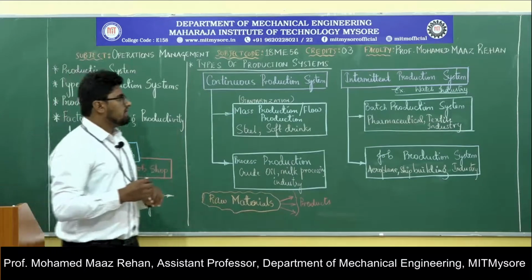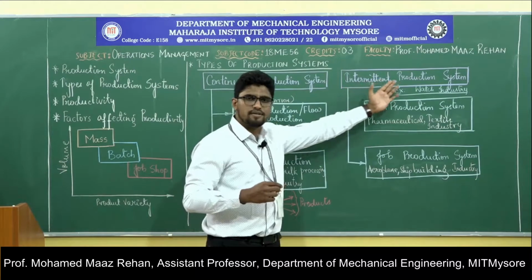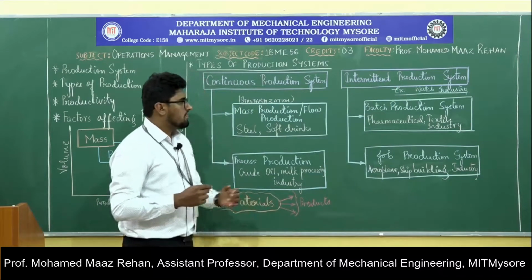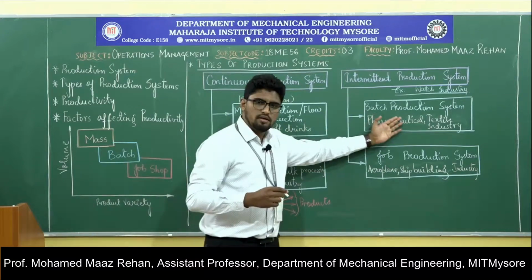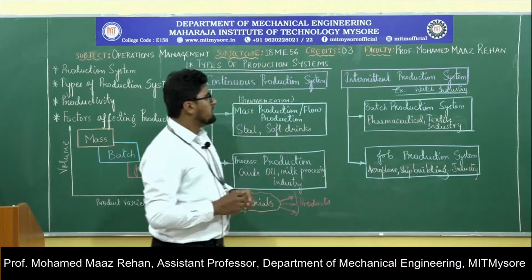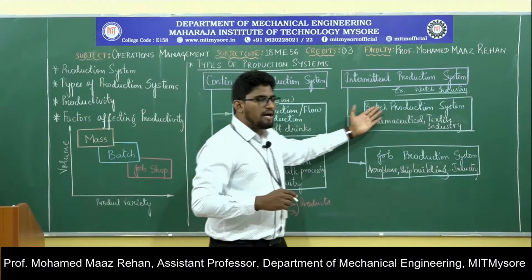Okay, moving on to the next type, the intermittent production system. Under intermittent, we have two different types: one is batch production system, and the other is job production system. The word itself tells us that in a batch production system, production happens in batches.